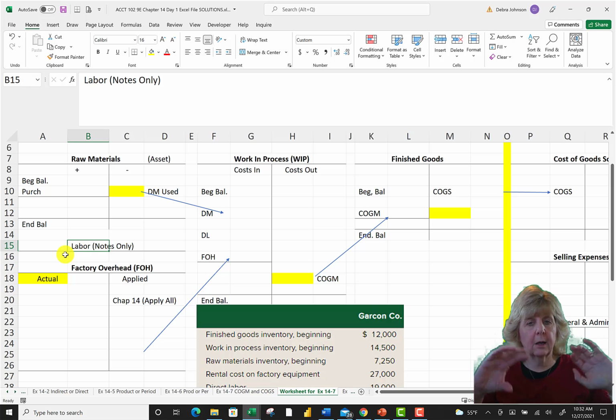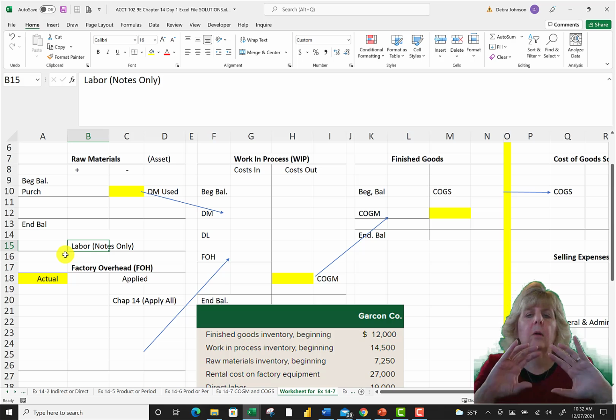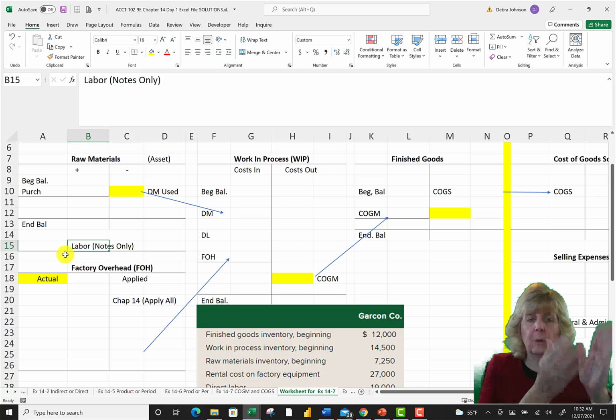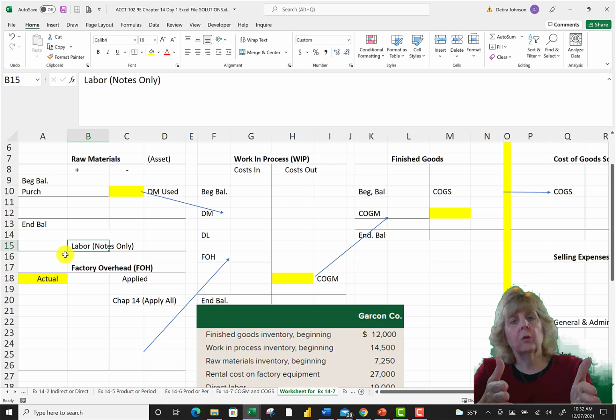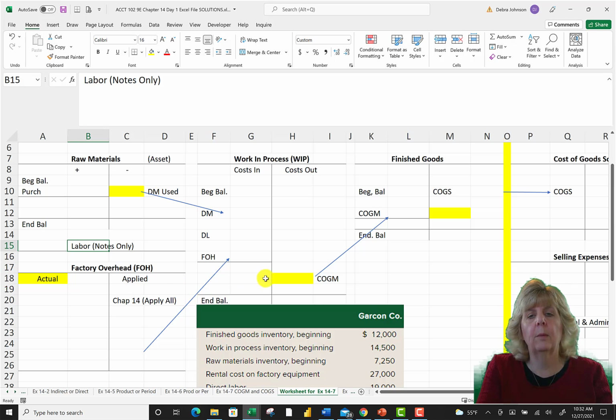So again, back up, take a deep breath. What I want you to see right now on this page is a series of balance sheet accounts, which means the costs are building and building and building, and they're going to make their way from their birth. Everything's going to go through WIP. Remember what WIP stands for? Work in process. By the time the goods are done, you're going to see those costs transferred out of WIP and into finished goods.